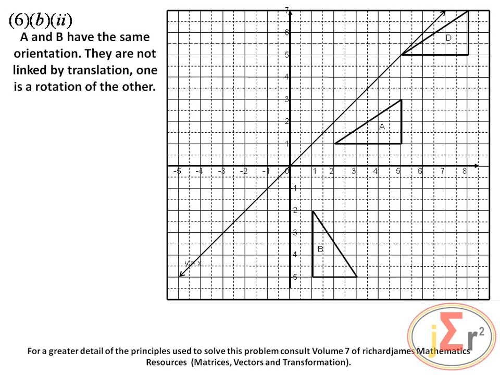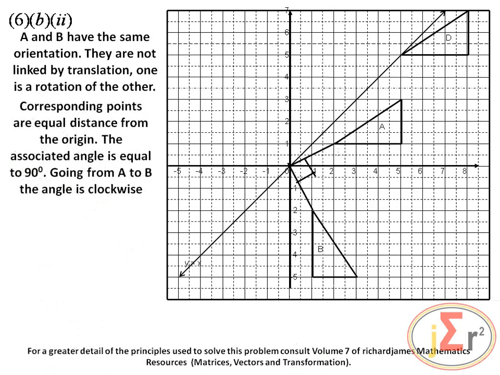And in describing a rotation, we will have to find the angle of rotation. Of course, to find the angle of rotation, we need to take a look at the center of rotation. Now, corresponding points are equal distance from the origin. So we are sure, because the corresponding points on the object and its image are equal distance from the origin, that the origin is the center of rotation.